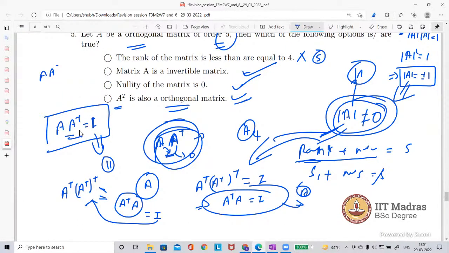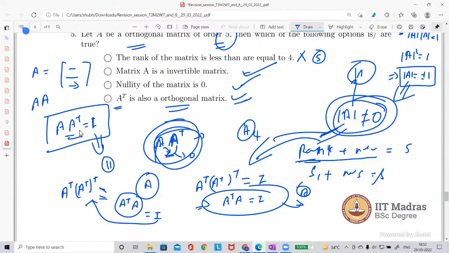Actually he asked about this: any two rows in that matrix will be orthonormal to each other. Sir, so the matrix when multiplied with itself will be 0, right? No, not a multiply. How will it be 0? Sir, because the product of any two rows should be equal to 0.